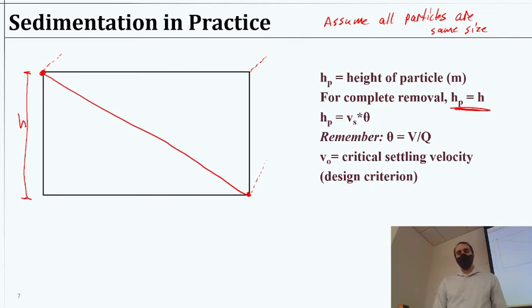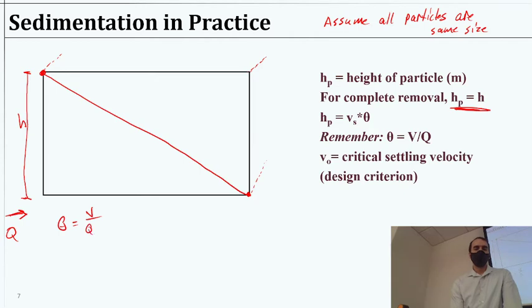Okay, so what we can do is use our hydraulic retention time to know how long water is going to stay in the system. We're assuming there's no mixing going on. It's just a slow laminar flow. We've just got water flowing from left to right. And given that flow rate, what we might consider is that our theta is going to be V over Q. We know that.